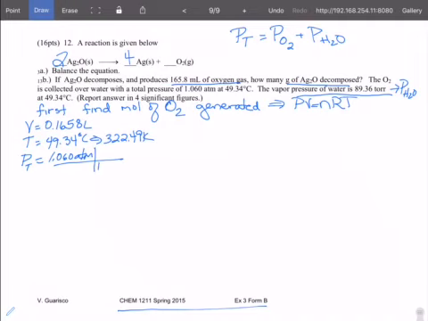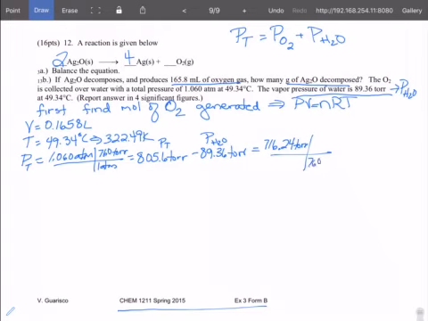So I know that 1 atmosphere is 760 torr. So that means that I get 805.6 torr is my total pressure. So that's P total minus my 89.36 torr, which remember is my water vapor. So I end up with my new pressure, which is 716.24 torr, which I then have to convert back.